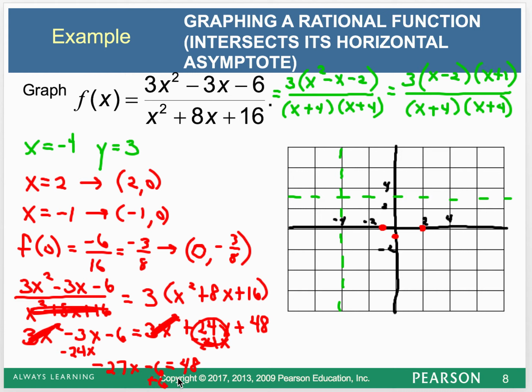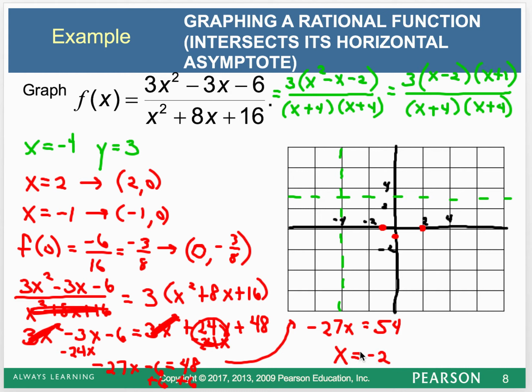Let's add 6 to both sides. Minus 27x equals 54. Divide by negative 27, so x equals negative 2.